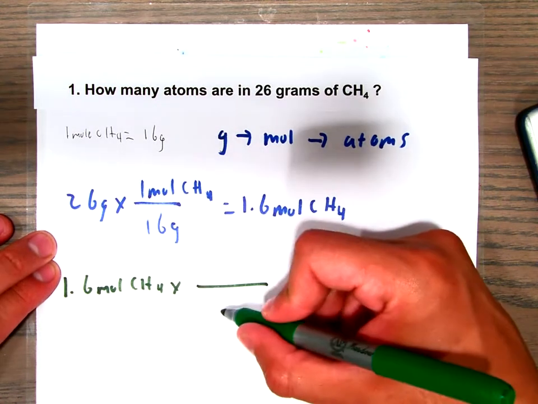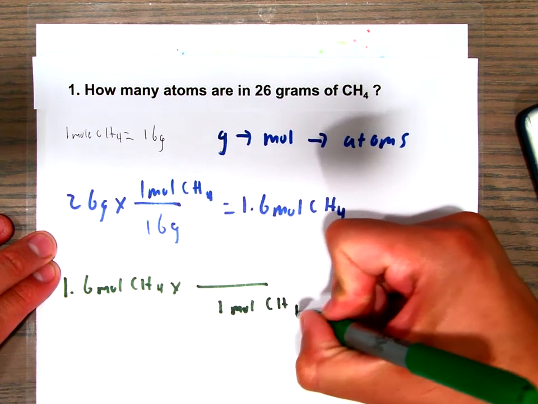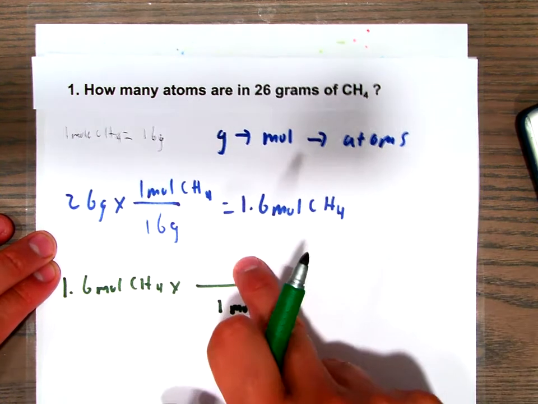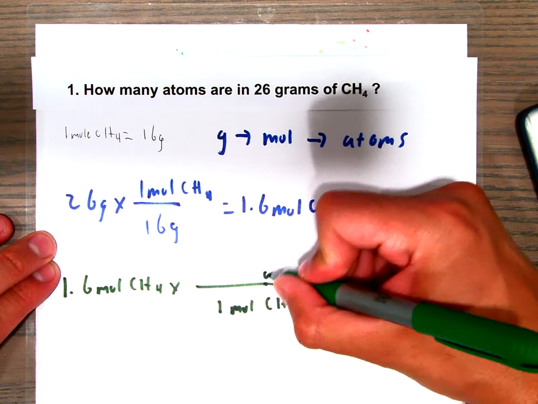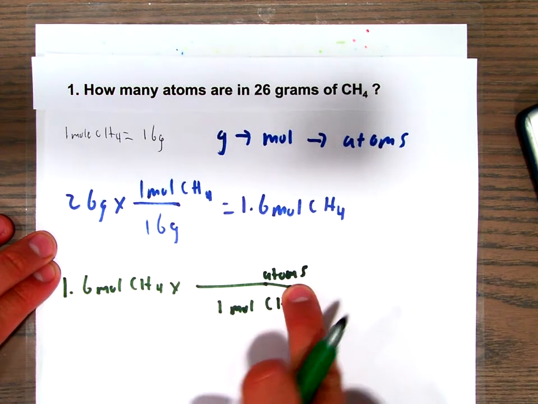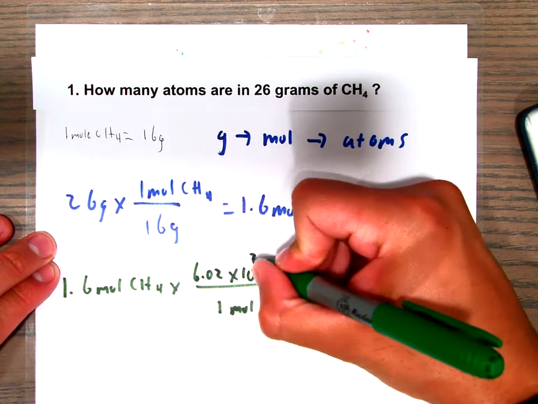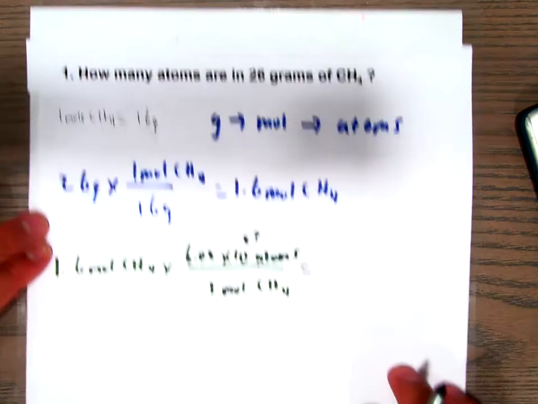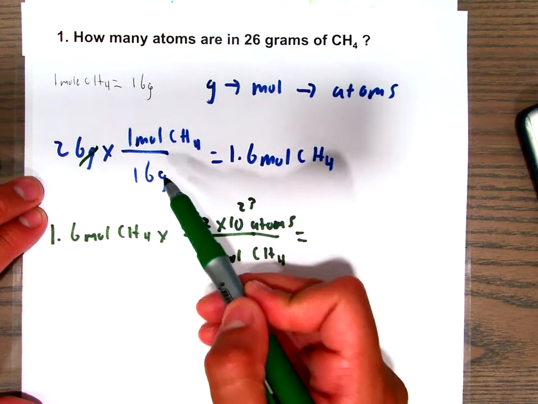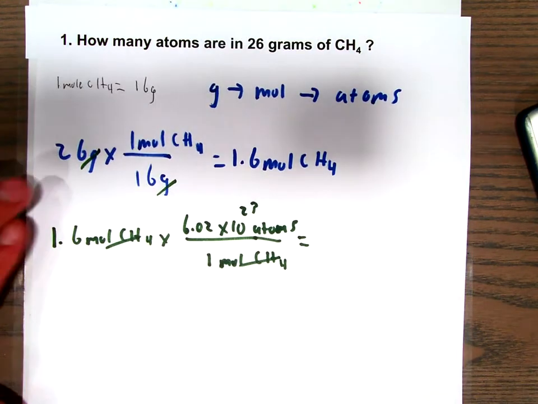I know 1 mole of CH4 equals, if we're looking for atoms, well, 1 mole always equals a certain amount of atoms, which is Avogadro's number. So we'll put that here, and that will give us our answer. Sorry, I didn't show this canceling. Moles cancel, moles cancel. I'm left with the amount of moles times Avogadro's number.